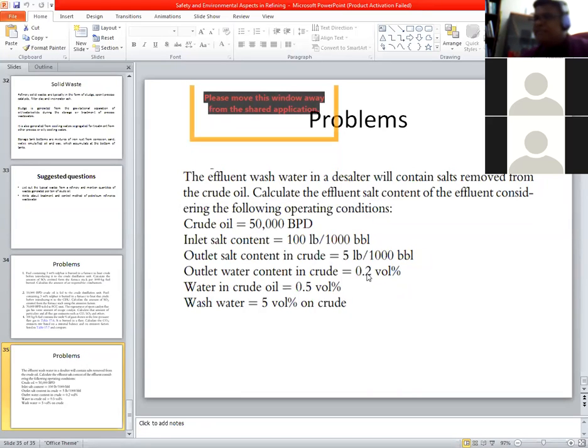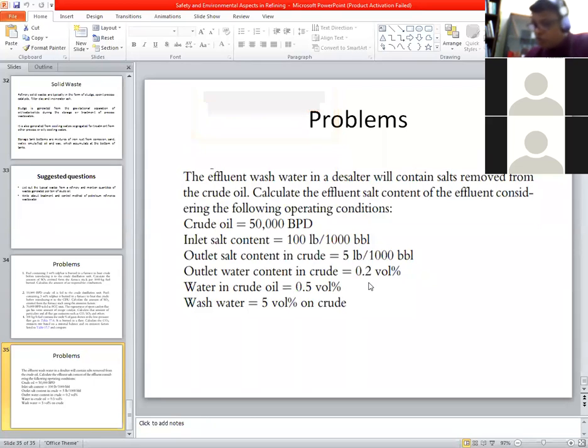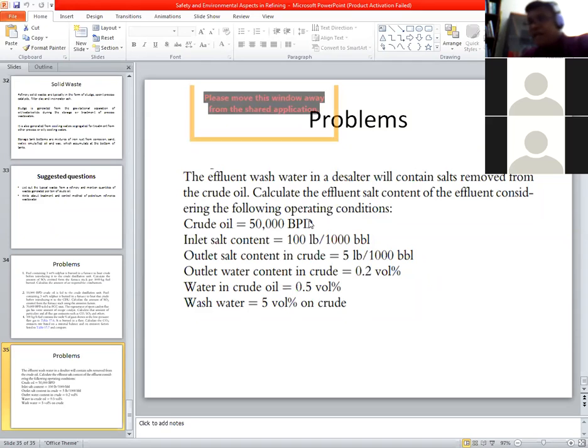So these two things should be added: 5 volume percent plus 0.2 volume percent. 5 volume percent means 5 divided by 100, that is 0.05, plus 0.2 divided by 100, that is 0.002, times feed equal to 50,000 barrel per day.